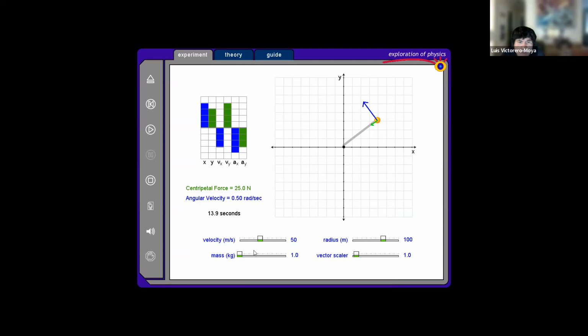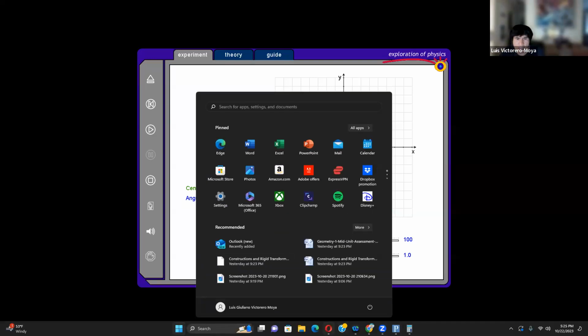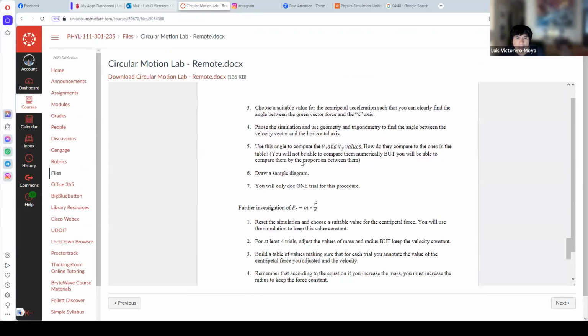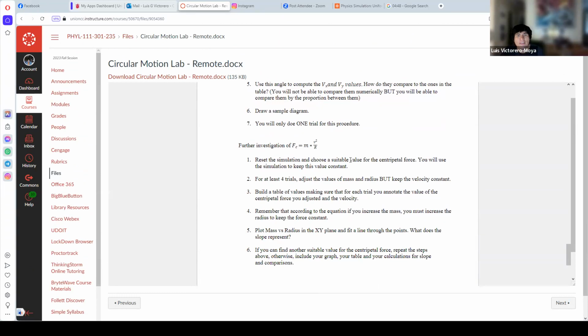And in part three, you are going to be using, well, if we look at the description for part three, you are going to investigate the centripetal force, the equation. You are going to use at least 4 trials by keeping the velocity constant. You're going to change the value of the mass and radius, and you want to make sure that you adjust the centripetal force.